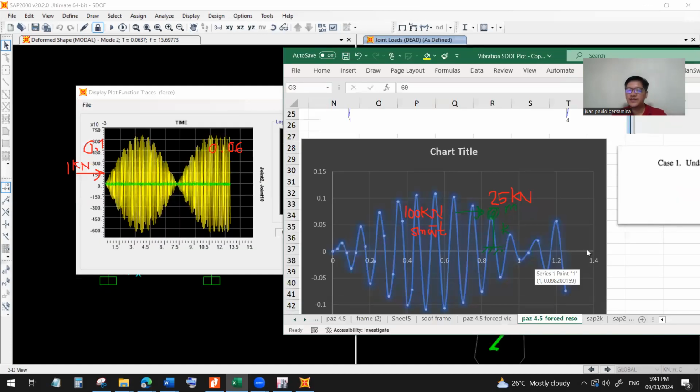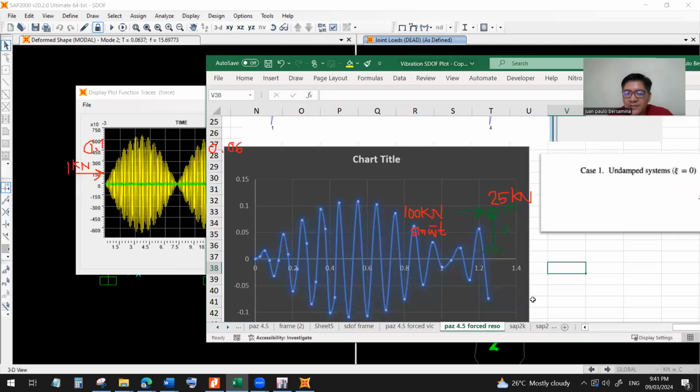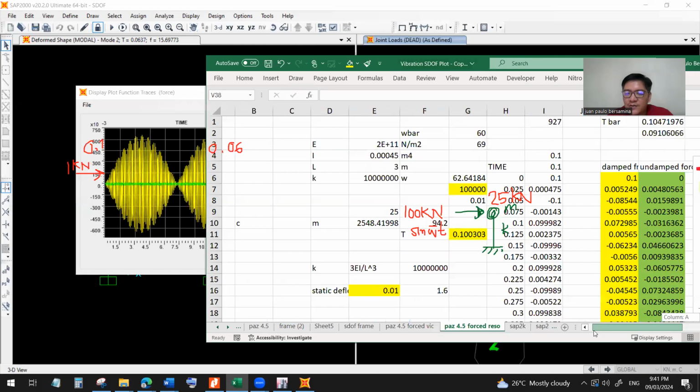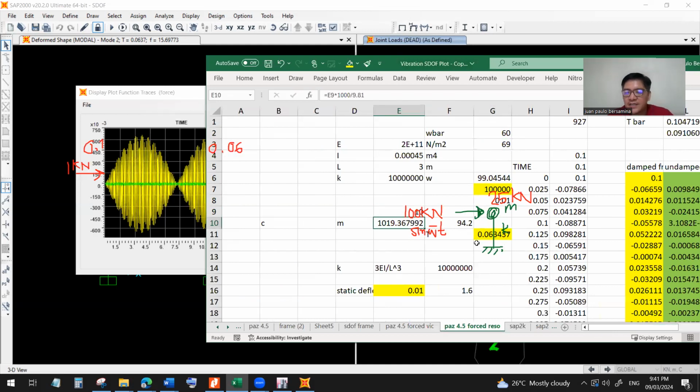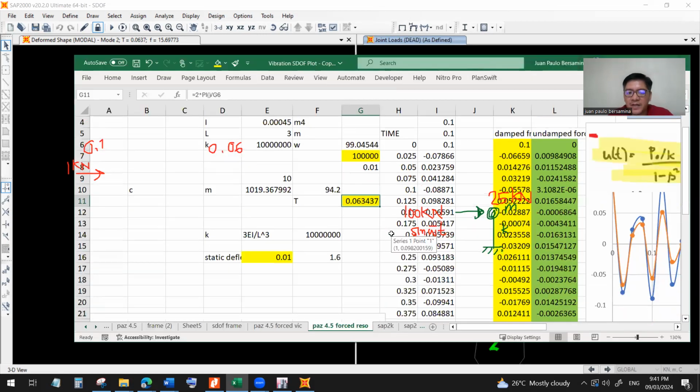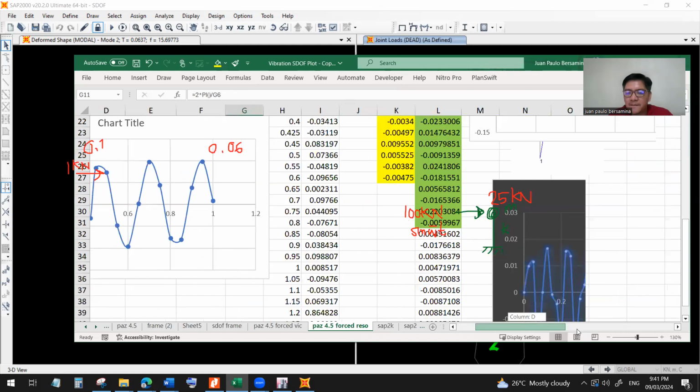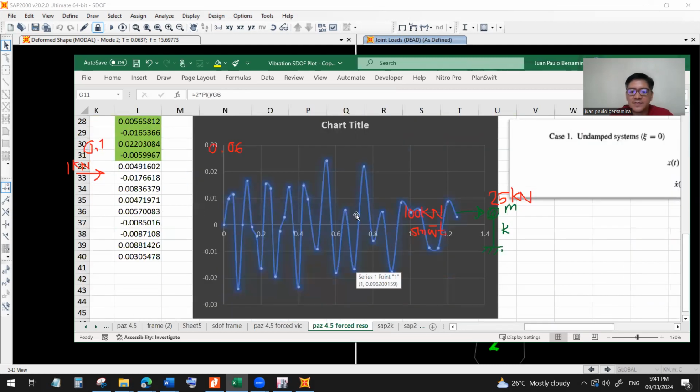So if I continue further with our Excel, we will achieve the same pattern. Okay, so one of them is 10 kilonewton, right? So let's check 10 kilonewton. I'll change this and just make it 10. See? You saw that its period also changed. 0.06. And its response is just this, the small ones. Okay?